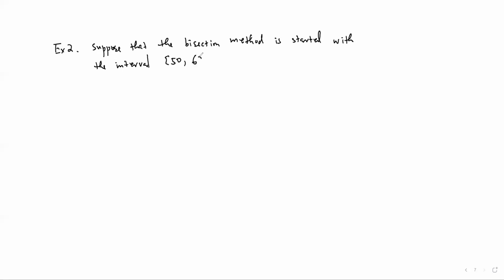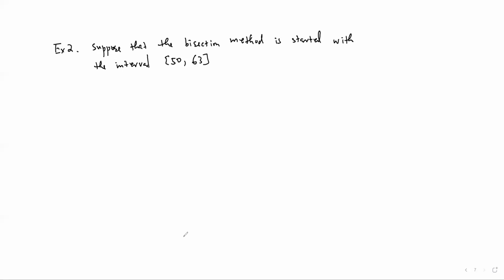Suppose that the bisection method is started with the interval [50, 63].